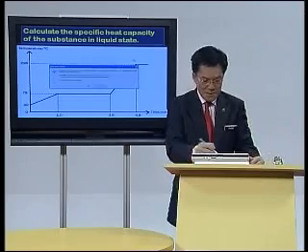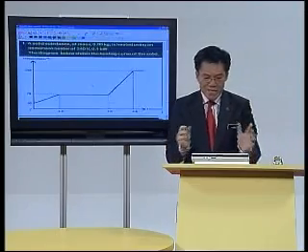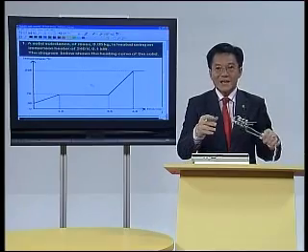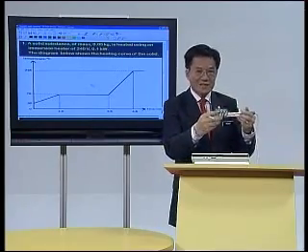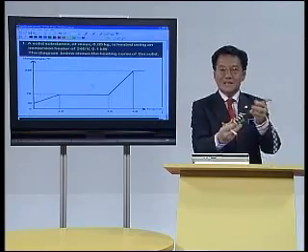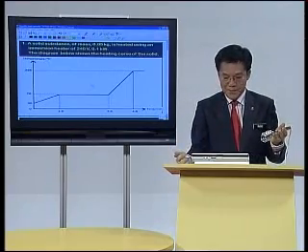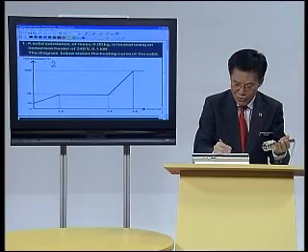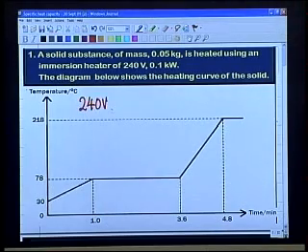Alright, this is the question. Let me explain a few things as I go along. Number one, there is a specification of the heater. For example, let's say this is the heater in this question. It is said that it is 240 volts, 0.1 kilowatt.